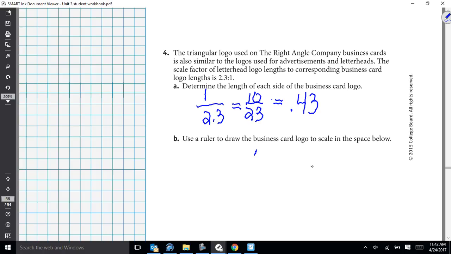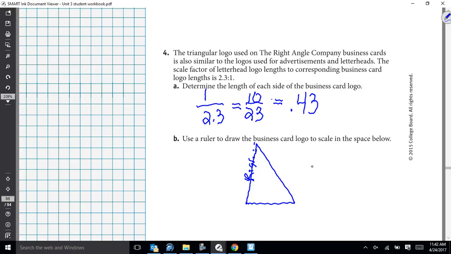So, all right, what are my side lengths? We know the letterhead dimensions because we got those, right? So what's my small side dimension for the business card? Was it 5/8? I'm asking.